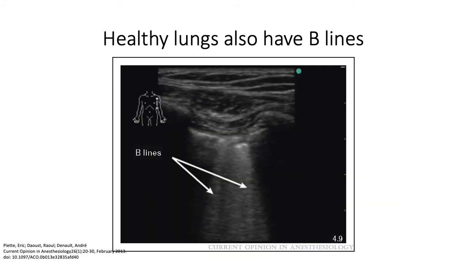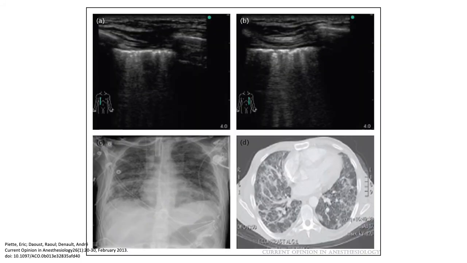Keep in mind that healthy lungs can also have B-lines, but typically only 1 to 2 in each ultrasound window. Here is an example of B-lines in a patient with ARDS, shown in the 2 images in the top panel. You can see multiple B-lines, 3 or more in each window.